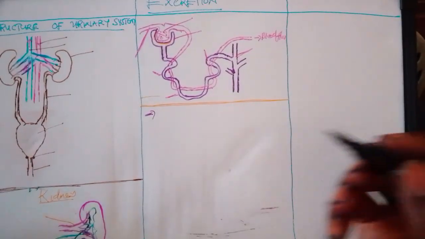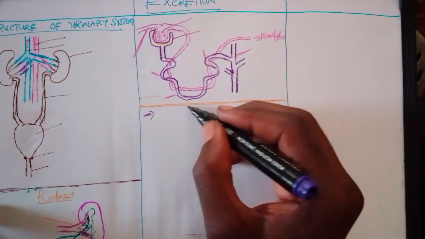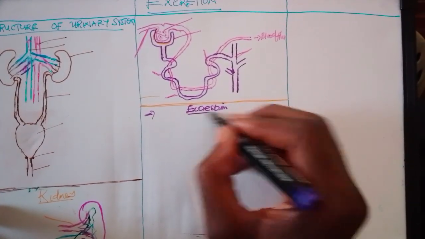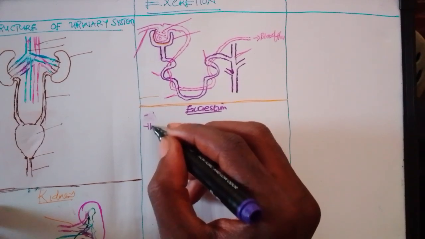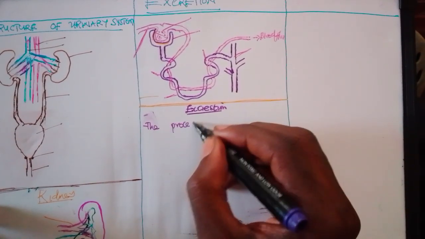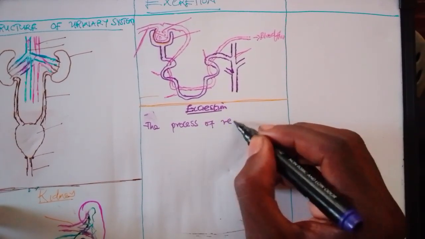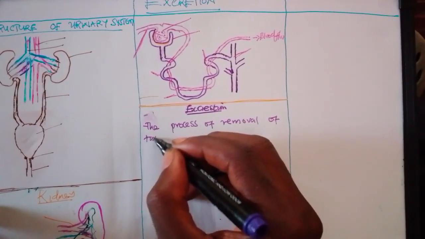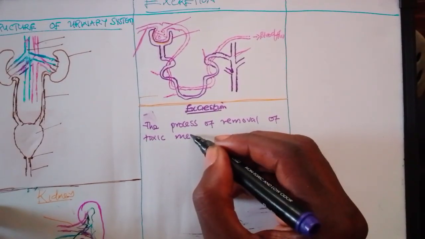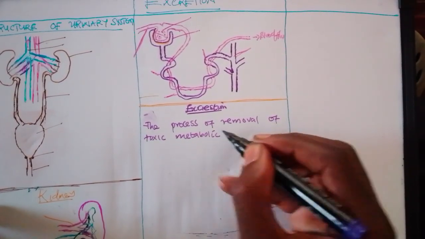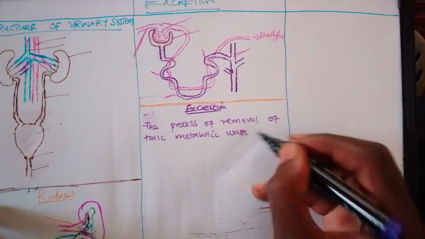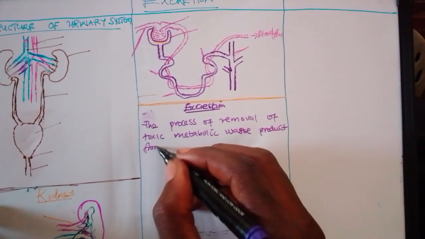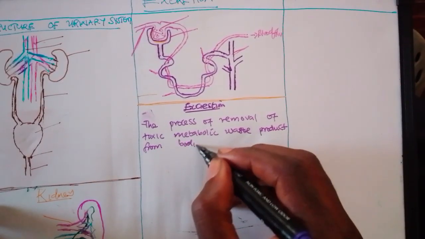So I've said the definition of excretion to be: excretion, the process of removal of toxic metabolic waste from bodies of living organisms.